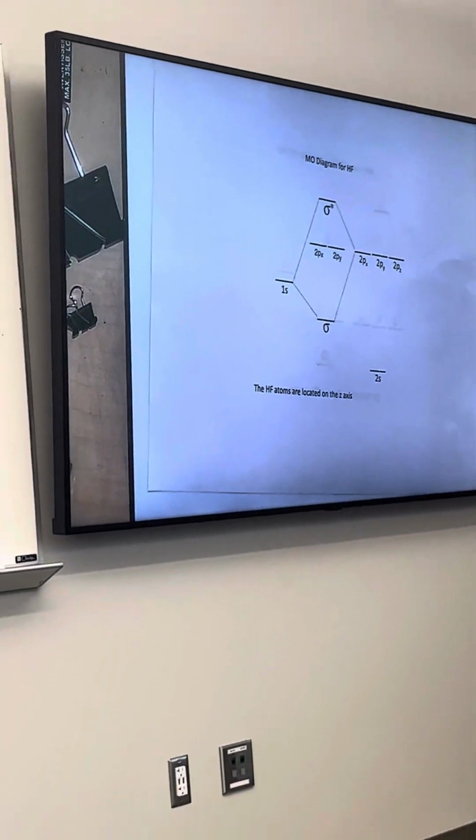Do it over here. If this is my bonding axis, the z-axis, if I have an s orbital for hydrogen, so this is my hydrogen, and over here I've got my fluorine.